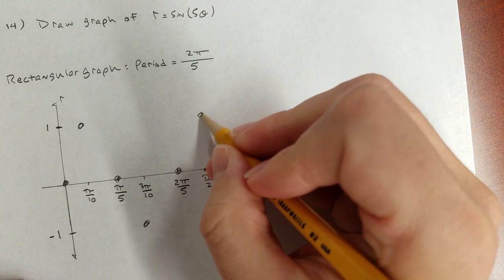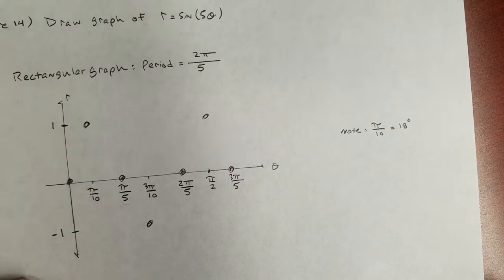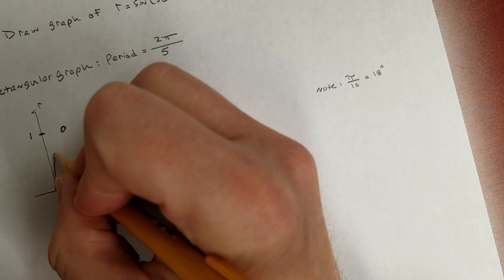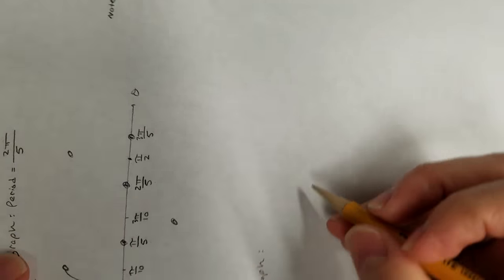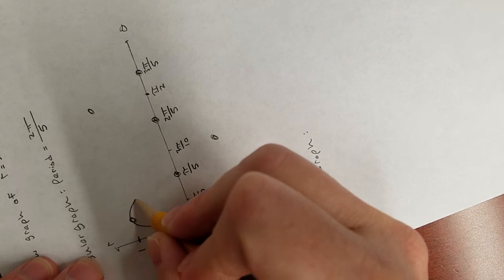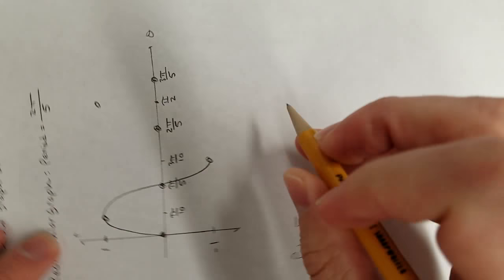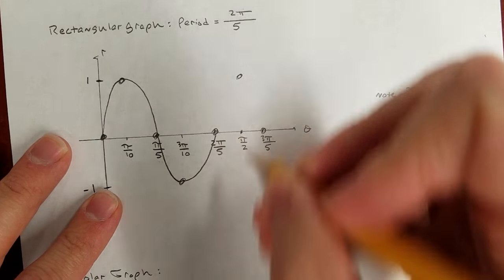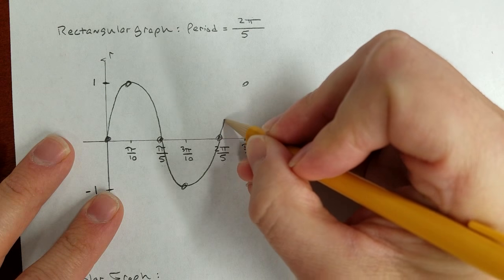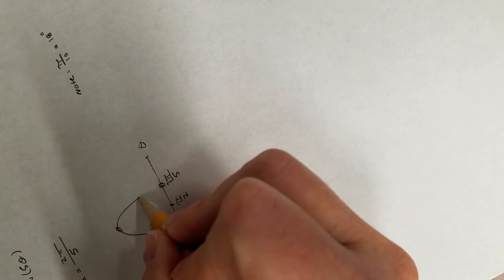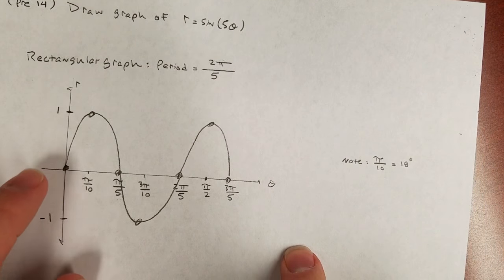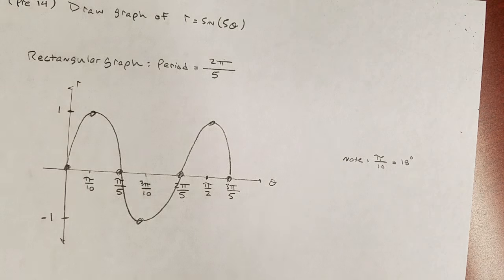If you want to draw more, just continue like that. How much you need to draw is up to you. I drew a little bit more than I had to, just really to show you that you can. Here's the best it's going to look today, me drawing it freehand. So that's at least what this looks like from 0 to 3 pi over 5.